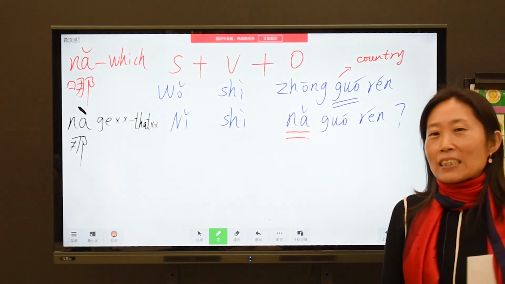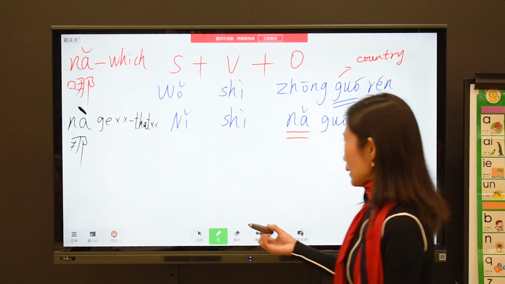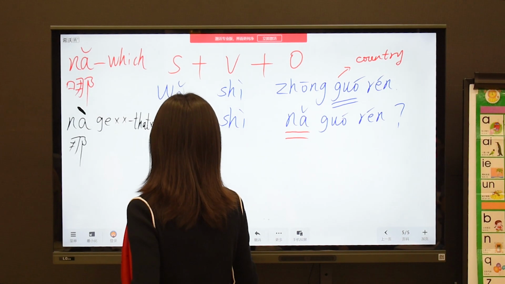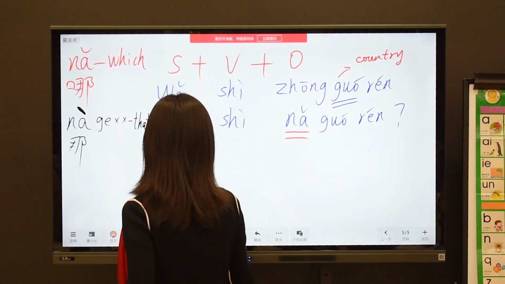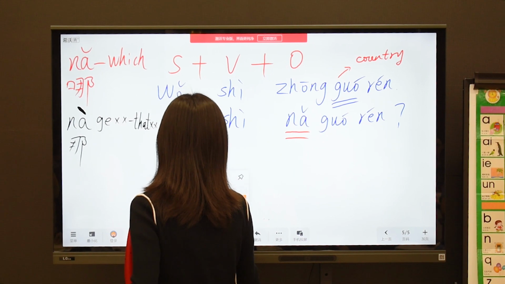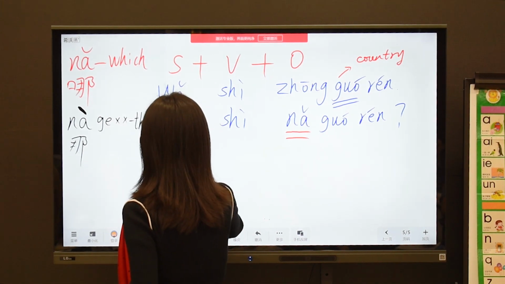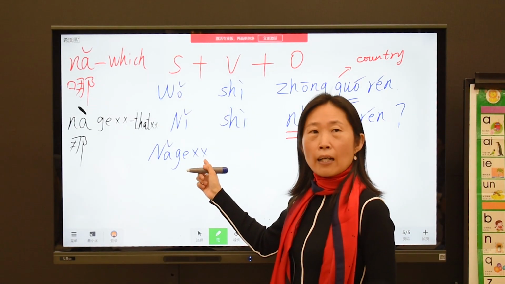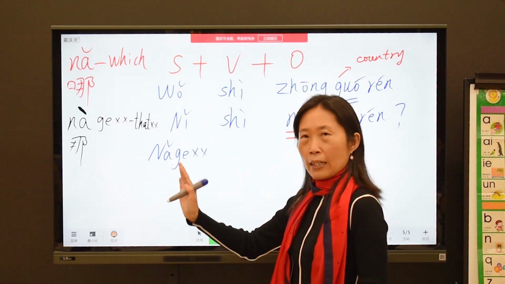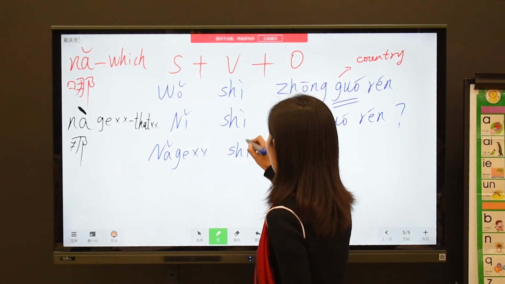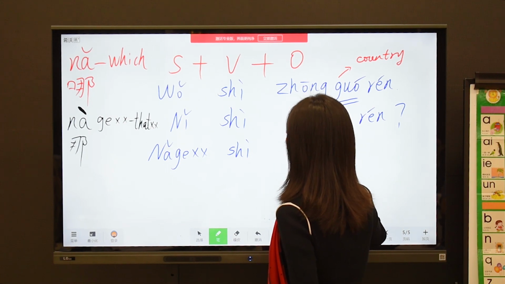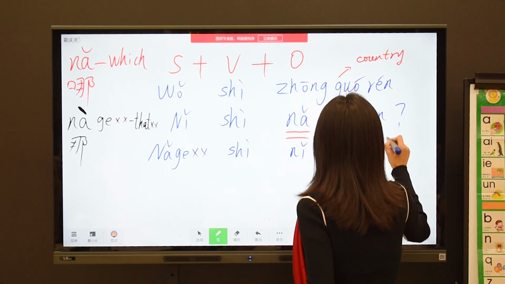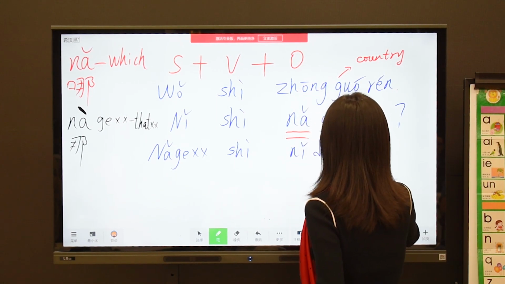So again, this 哪个, for example, just a very nice sentence example. So 哪个 something. Okay. Here you can say 哪个咖啡, 哪个 anything 是你的. Actually, here we omit something.